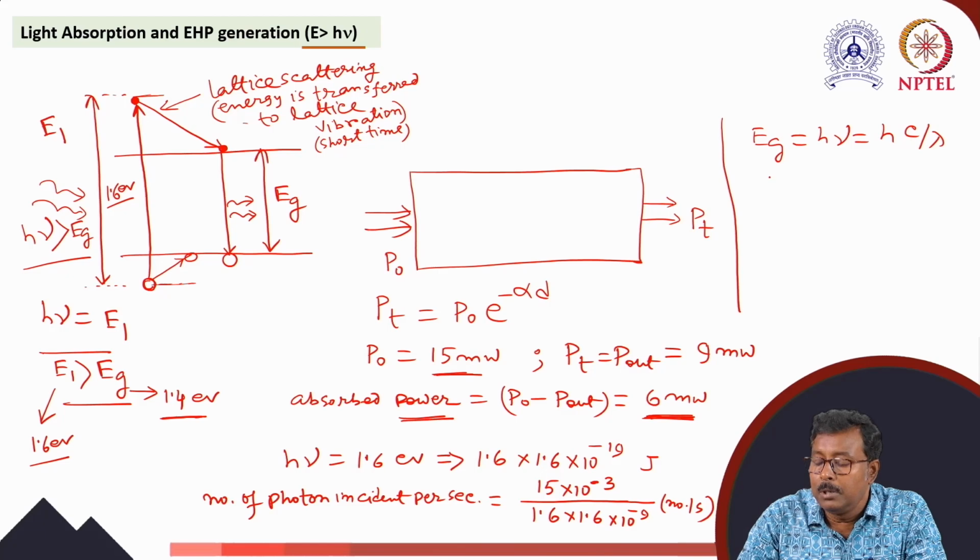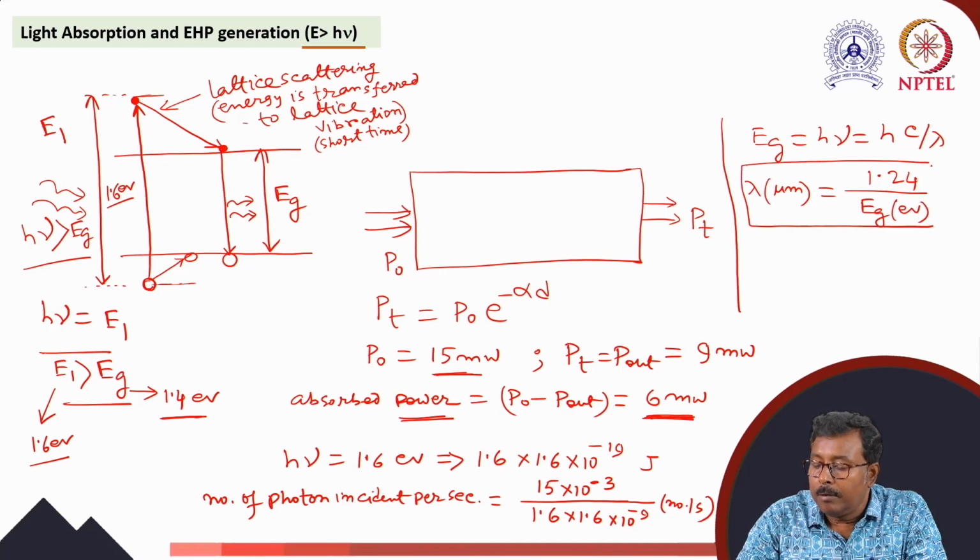But the thumb rule tells that lambda in micron can be obtained as 1.24 by Eg in electron volt, a very well known formula for calculating the critical wavelength if the band gap is given, or if the wavelength is given, the minimum band gap required can be calculated.